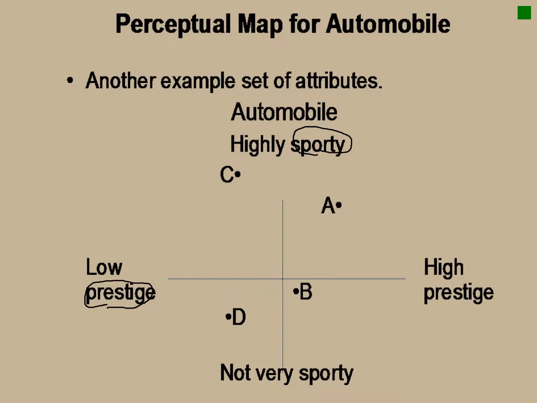The Mazda Miatas are fairly sporty cars, but they're not necessarily very prestigious. So we have varying levels of prestige and levels of sportiness. And of course, we have different competitors marked here, A, B, C, D. And again, we'd presumably have different markets that would desire different levels of this.